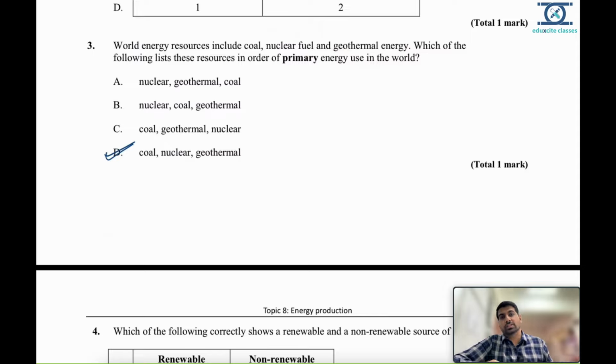There are certain locations where only we can utilize geothermal energy. As per my findings, coal is the maximum, then nuclear is 10.1% worldwide and geothermal is around 8.3%. No need to remember the data, but just to give you further information.